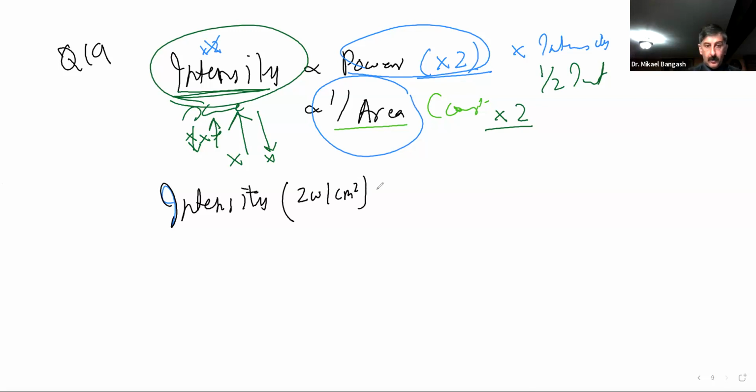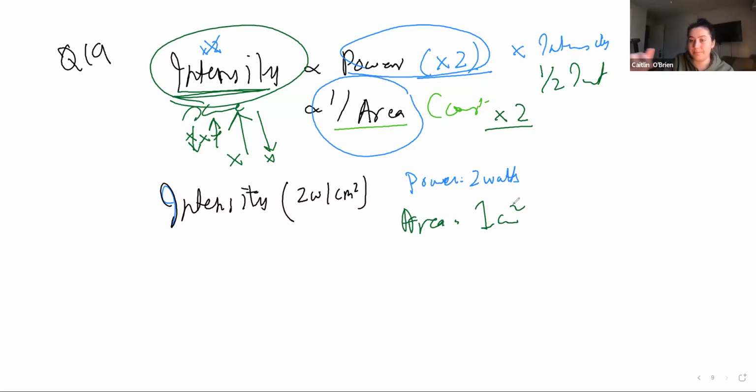That was because our power to begin with was, let's say, 2 watts, and our area was 1 centimeter squared. Is that clear? Good.